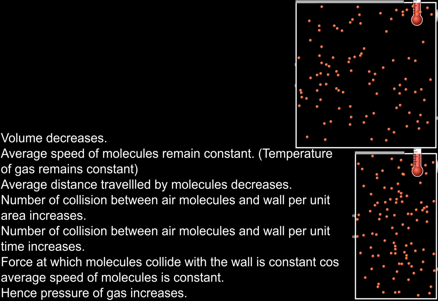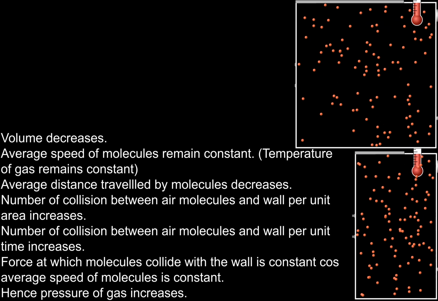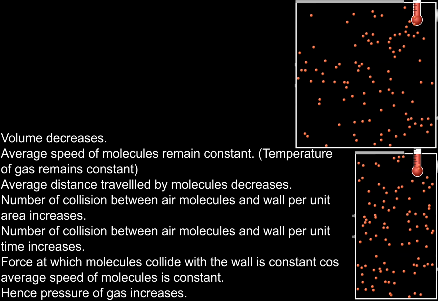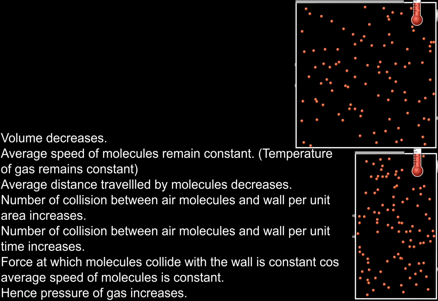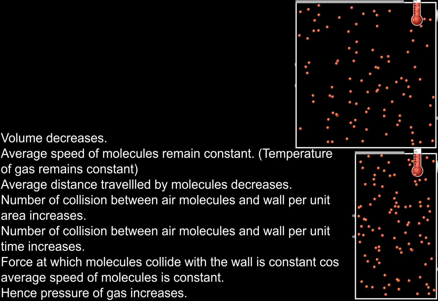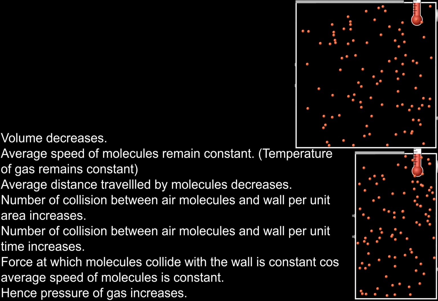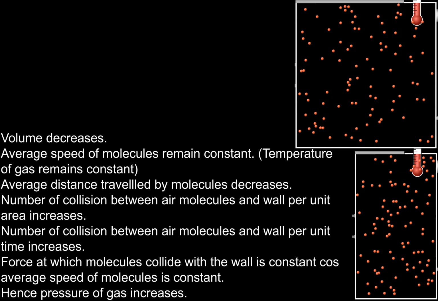And because the average speed of the molecules remains constant, the temperature of the gas also remains constant. But you also notice that the average distance traveled by the molecules from one wall to the other wall decreases because the chamber is now smaller.